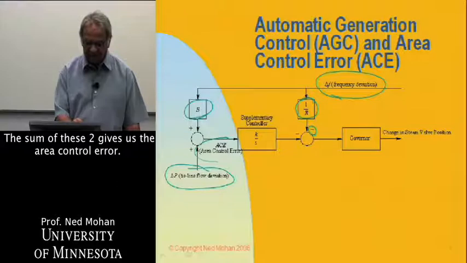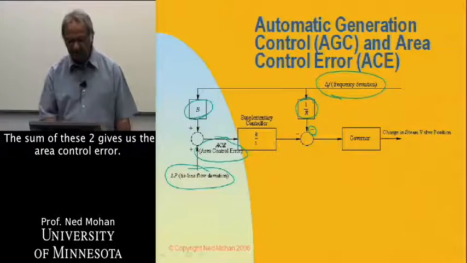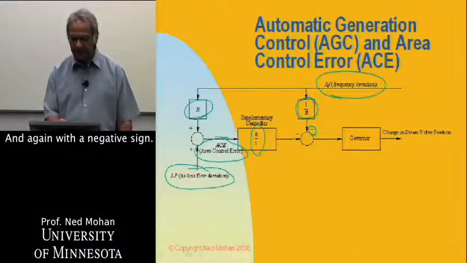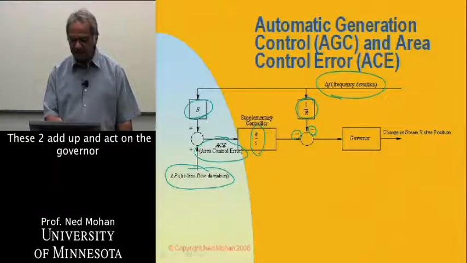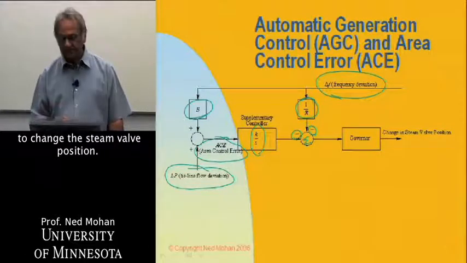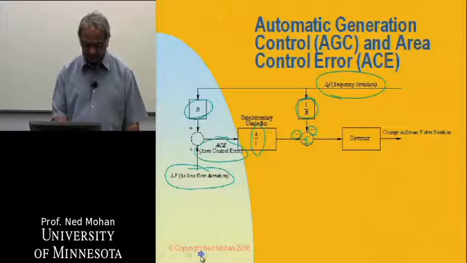The sum of these gives us the area control error, which acts on the supplementary controller, again with a negative sign. These two add up and act on the governor to change the steam valve position.